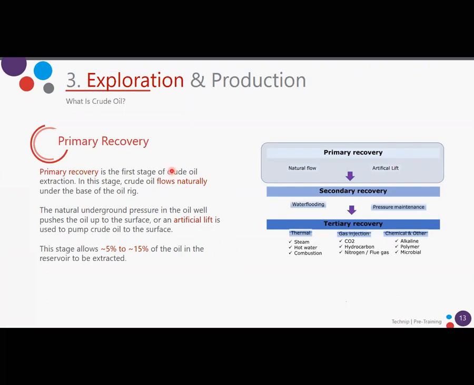In this stage, with the primary recovery, you can get between 5 to 15% of the oil in the reservoir. So this primary recovery is natural flow and also artificial lift, which are the pumps.